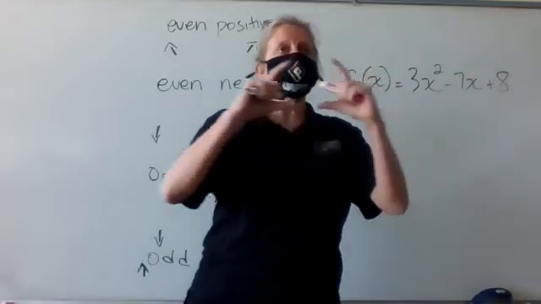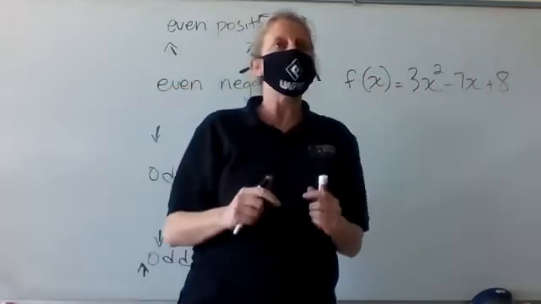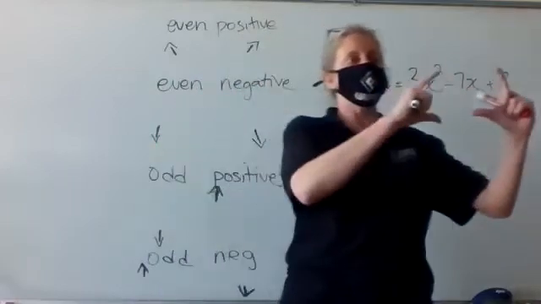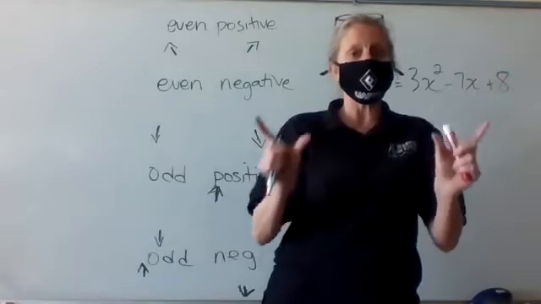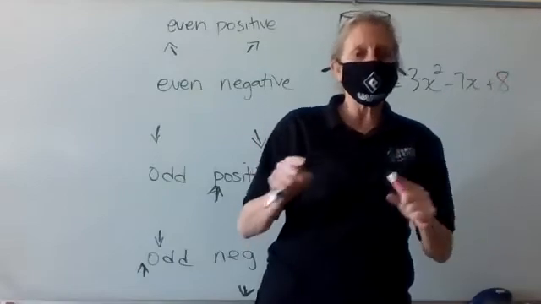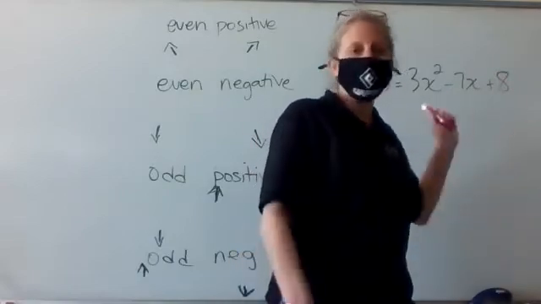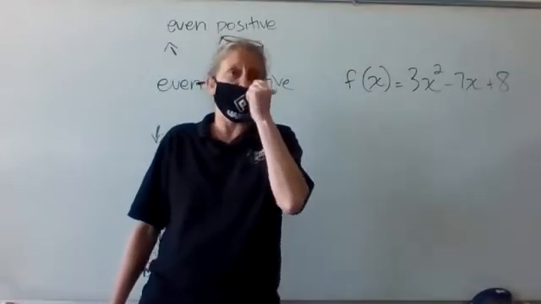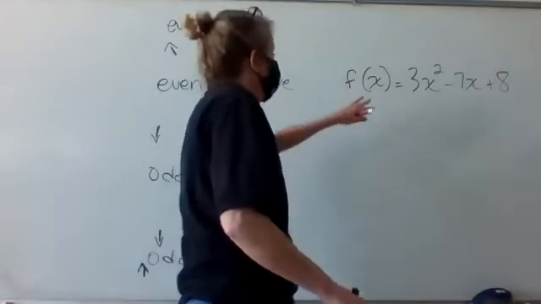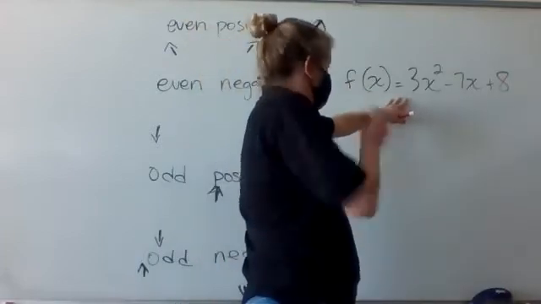That's what gives you where it crosses the X. If you see a bunch of things in parentheses, each one of those factors, you would set equal to 0 and solve them for X to get all your X-intercepts. This is not written like that. You could do the factoring, if this factors even, I don't think it does.